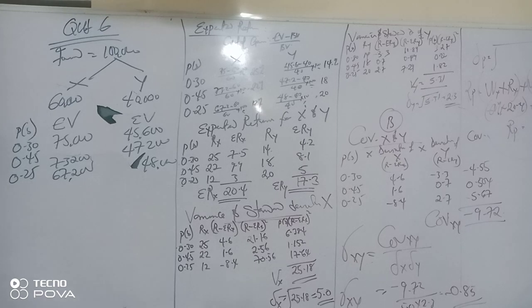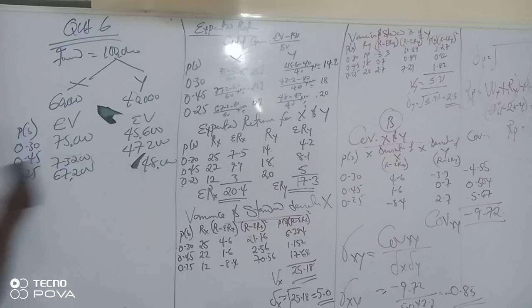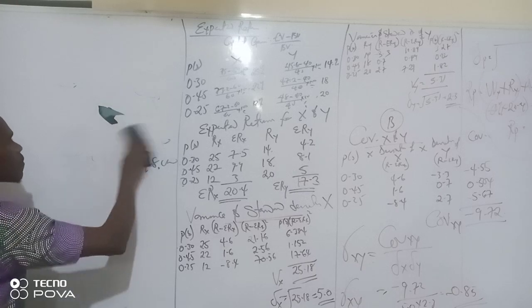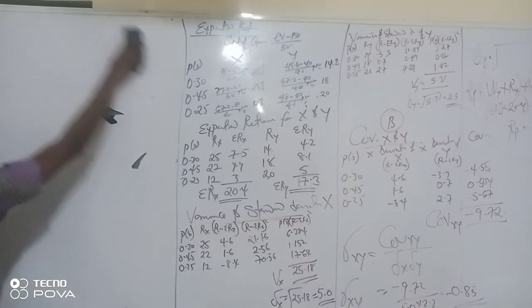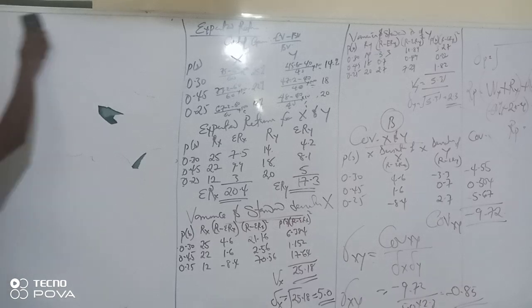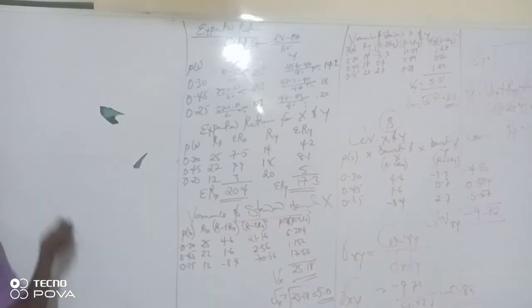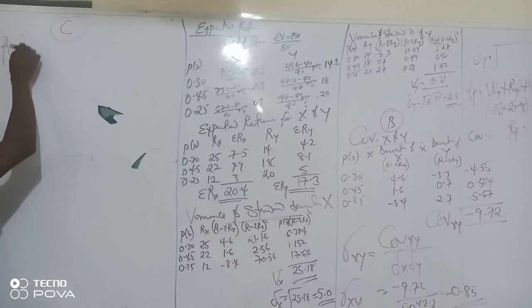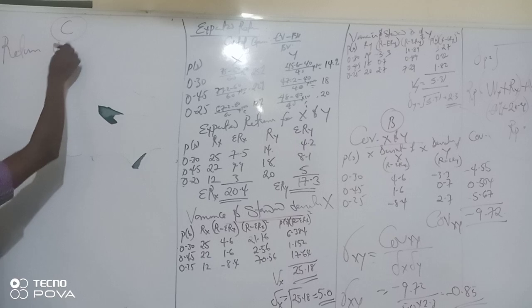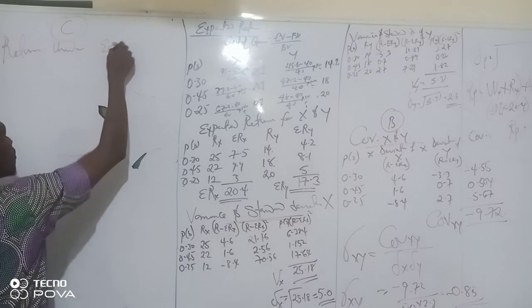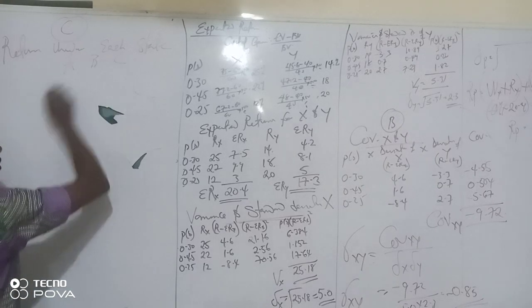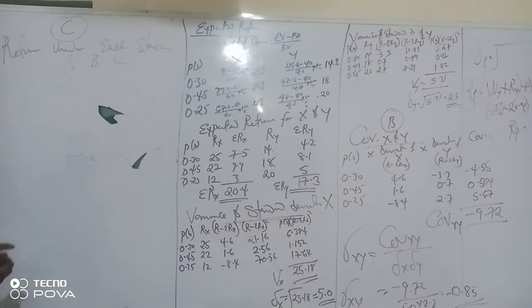I don't want to waste my space. Now, number C. The return under each state of the world: state A, B, and C. Let me bring the returns side by side.